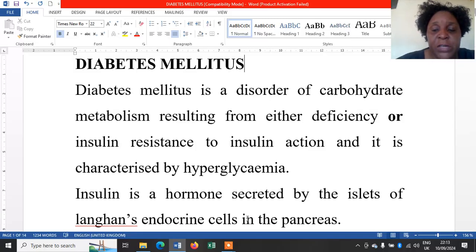disorder of carbohydrate metabolism results from either one, lack of insulin in the body. That is when the pancreas is unable to produce insulin, or insulin resistance, that the body produces insulin, but the insulin produced by the body is either very small or inactive to metabolize carbohydrates.